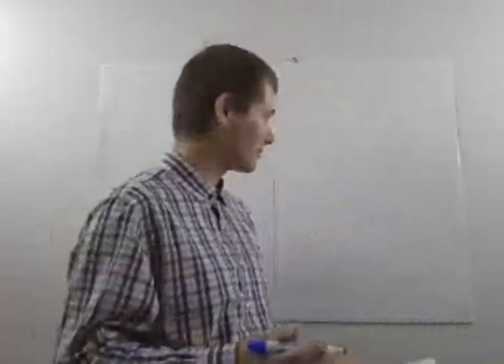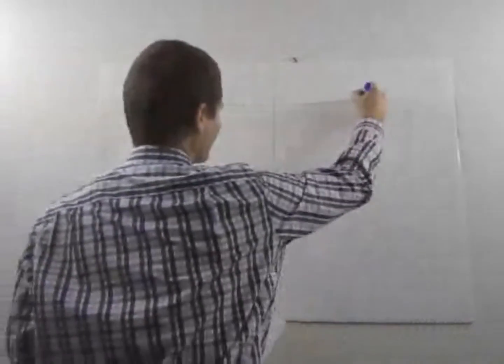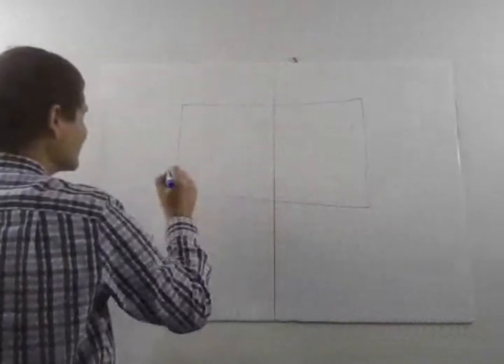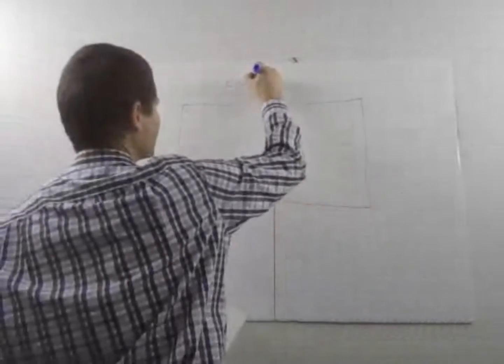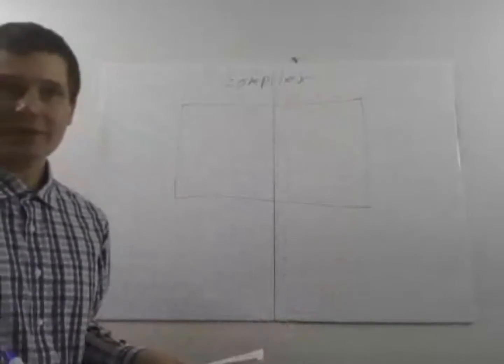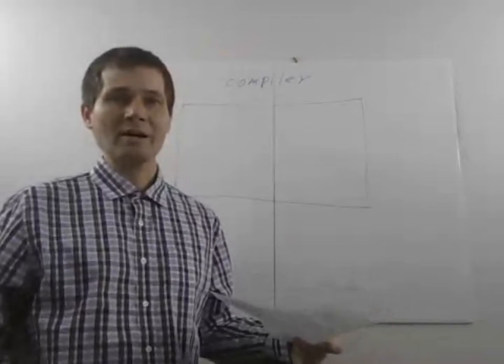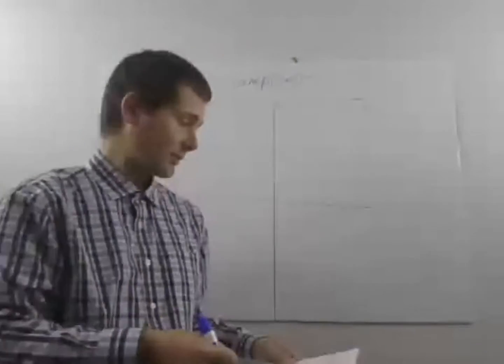I wanted to start with introducing a compiler. Now, you probably have all used a compiler before, but let me draw one anyway. So here's my compiler. A compiler is a program that translates other programs from one language to another, right?